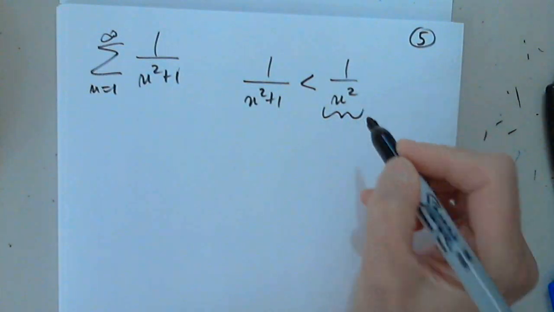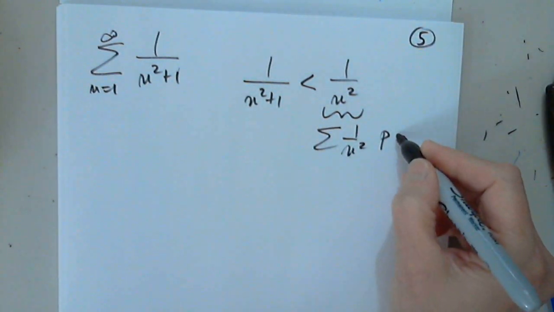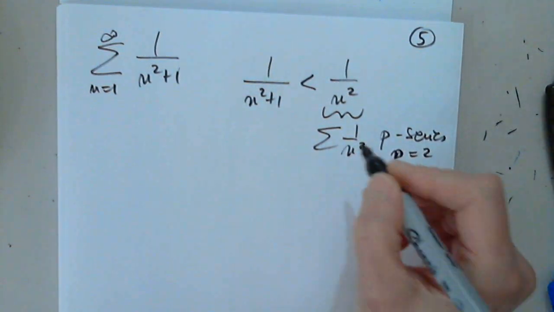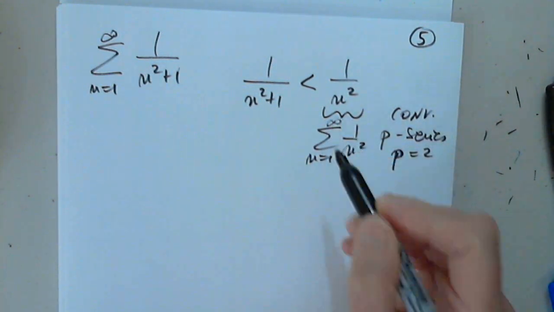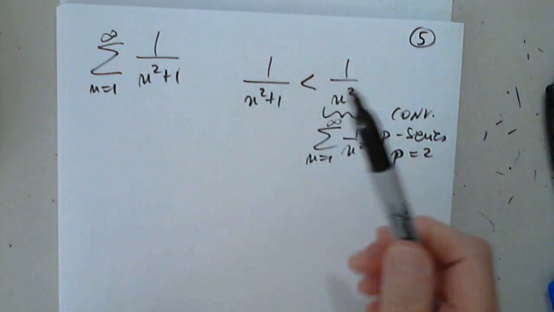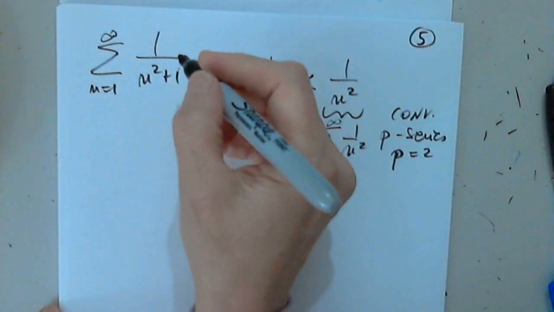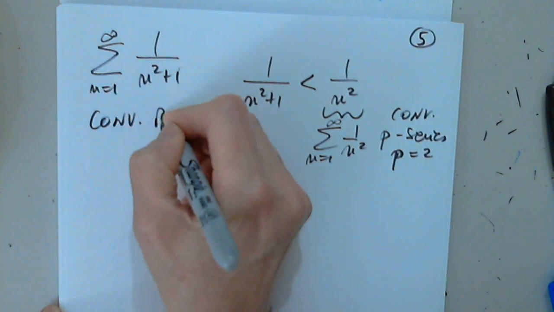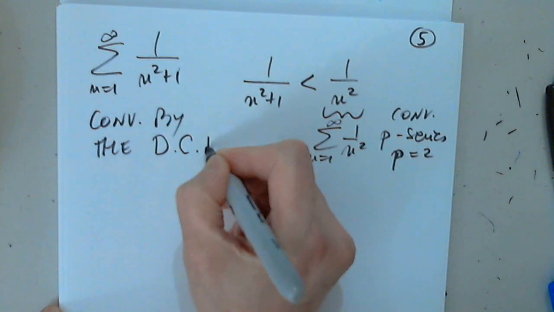We know that this is a p-series with p equals 2, which is convergent when n equals 1 to infinity. So by comparison, if the bigger one is convergent, the smaller one is also convergent. So we will say that this is convergent by the direct comparison test.